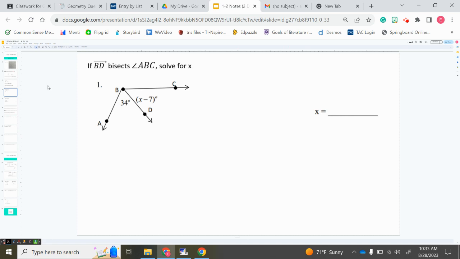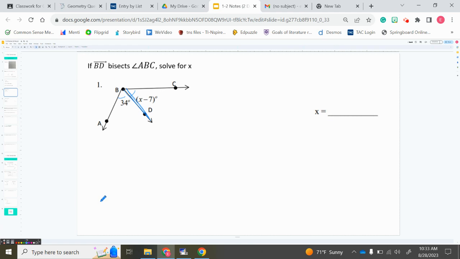So if BD bisects angle ABC, solve for x. Again, they're telling us that this is a bisector. So this angle and that angle have to be congruent to each other. So what do I do to solve for x here? How do I set this up? If these are congruent, then that means they're what?